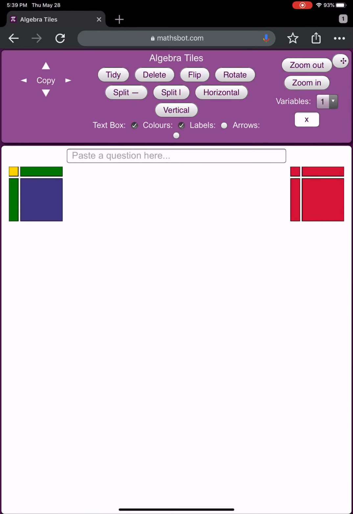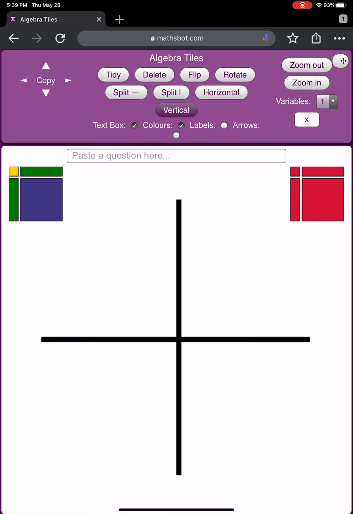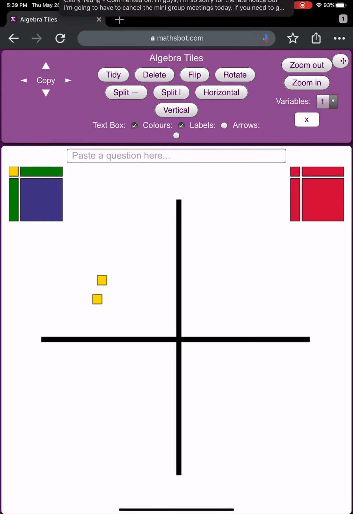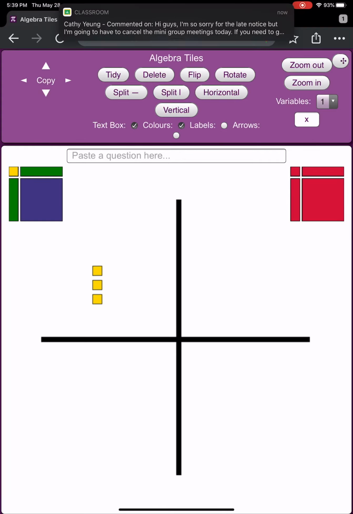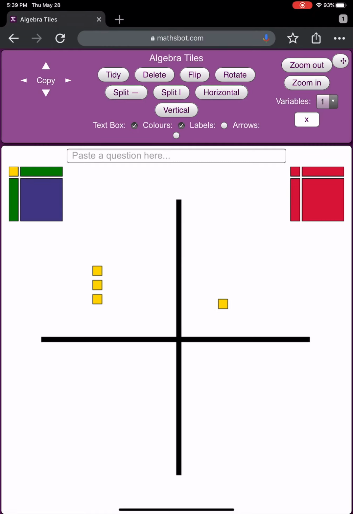Question 7. 3 equals 1 minus 2n. Okay, let's go over here. 3 equals 1 negative 2n.